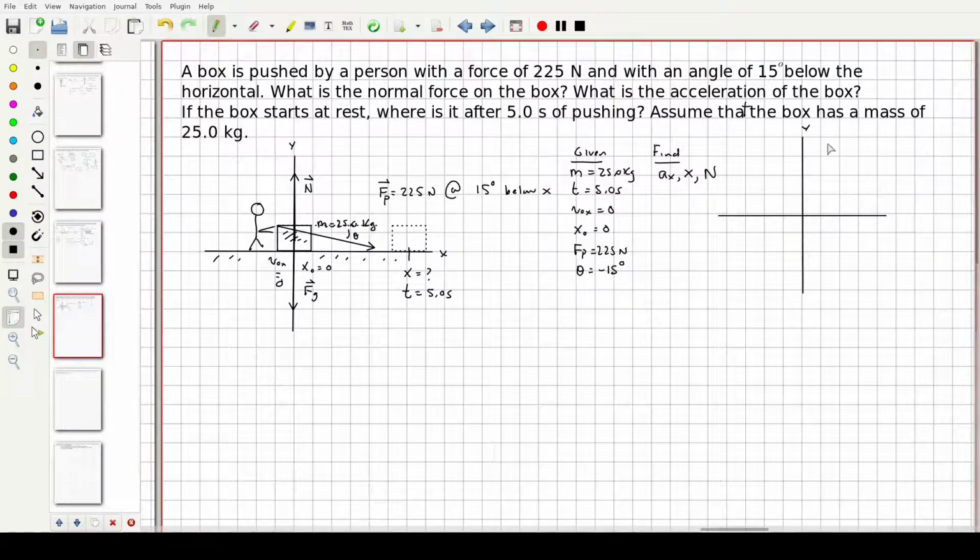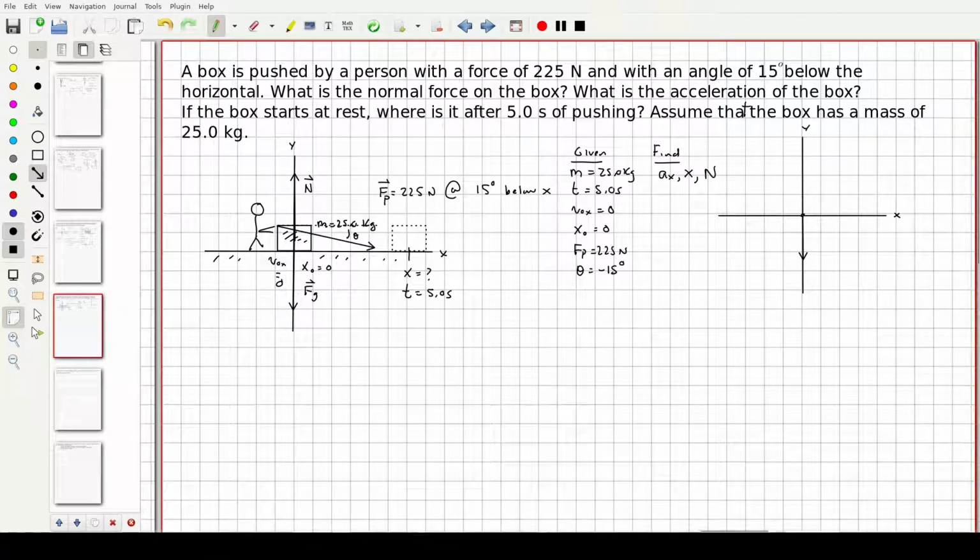So we have the y-axis, we have the x-axis. X is along the ground, y is obviously up at 90 degrees from the surface of the ground. Here's our mass right here at the center, and we have gravity pulling this thing into the ground. Whoops, let me fix that again. There.